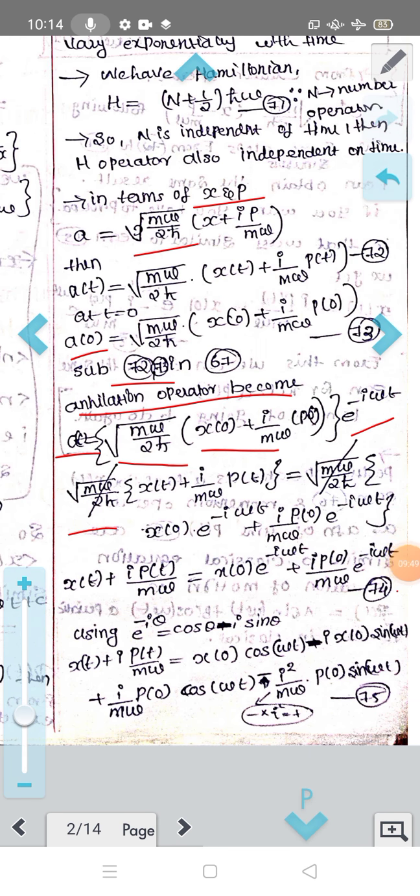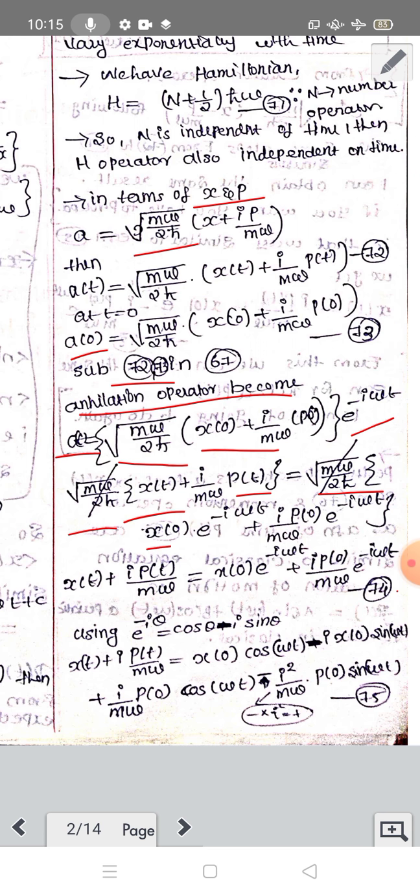That is, root of m omega by 2h cut, x of t plus I by m omega p of t, equal to root of m omega by 2h cut into x of 0 into e raised to minus I omega t plus I by m omega into p of 0 into e raised to minus I omega t.